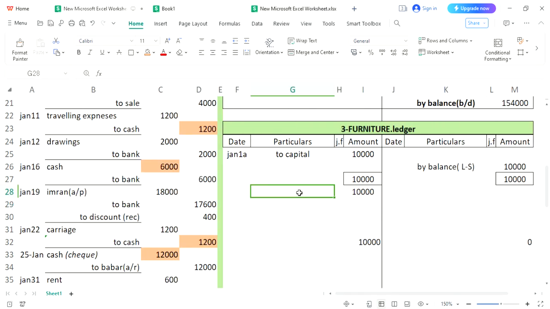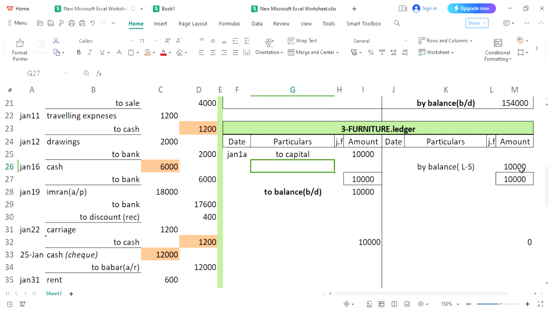That is why you will change its name. Now it would be called balance, but you will write what? Brought down. Why? Because you have calculated the initial balance on the opposite side. You have come downside and gone to the opposite side. That is why it is called balance brought down, balance BD.